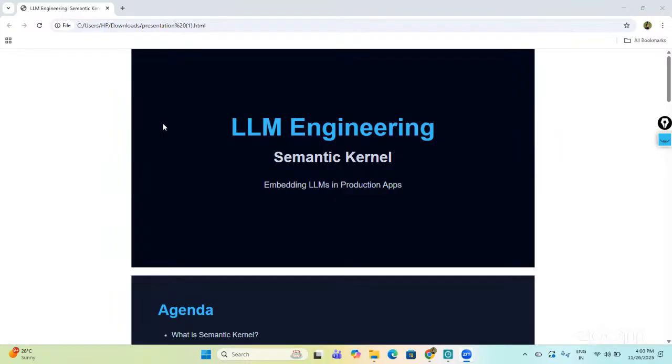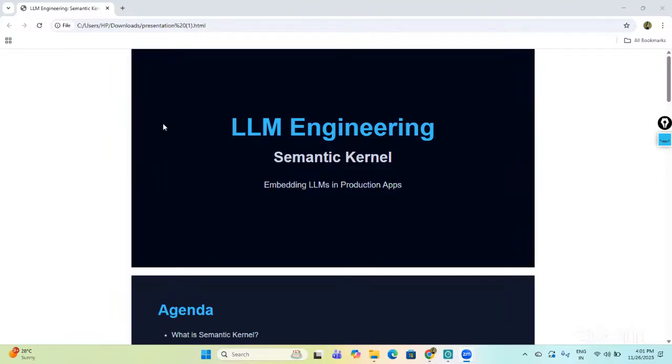So today we shall discuss large language model engineering, what is Semantic Kernel, and embedding large language models in production apps. We should also explore how organizations can move beyond experimentation and actually embed these large language models into real-world, scalable, and production applications.